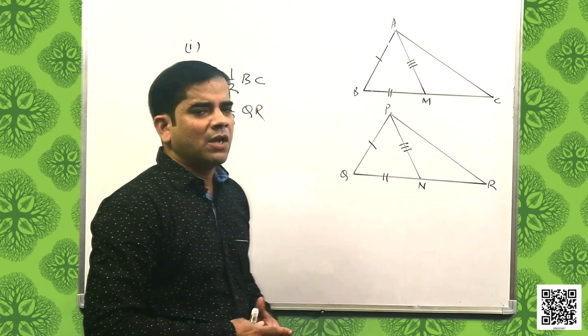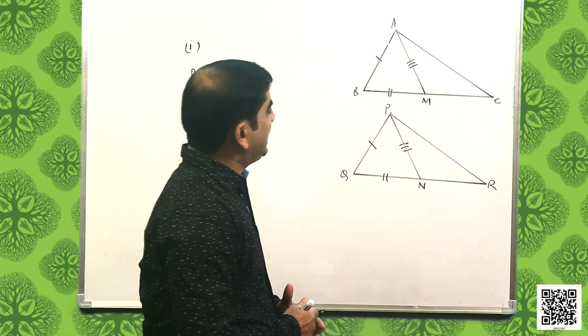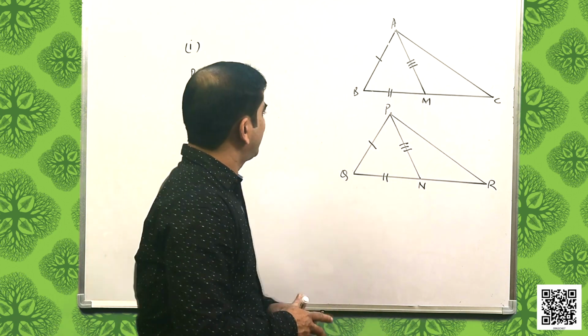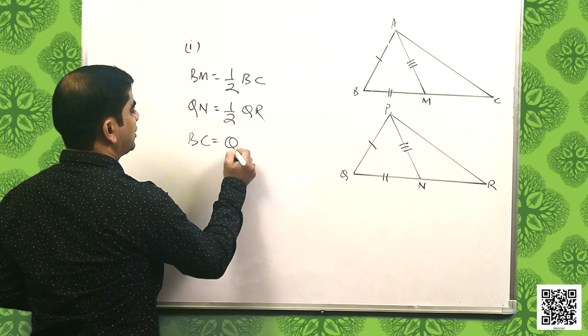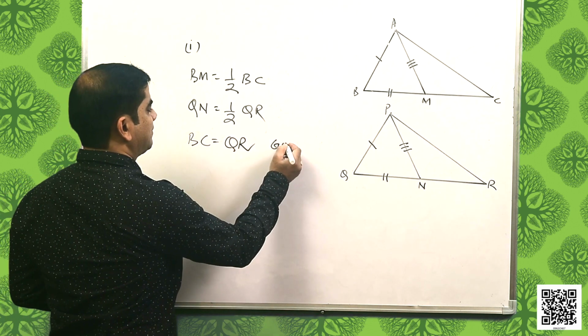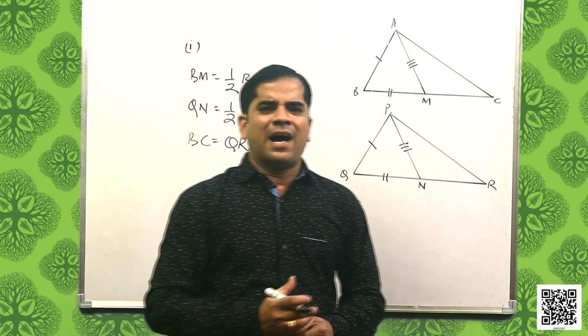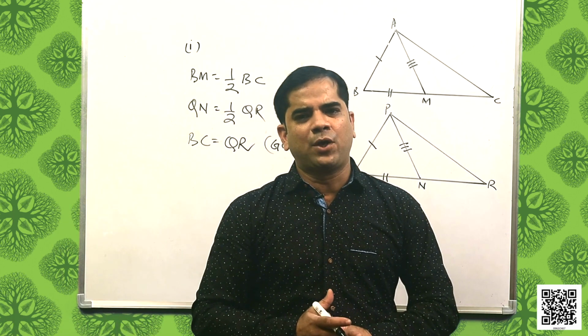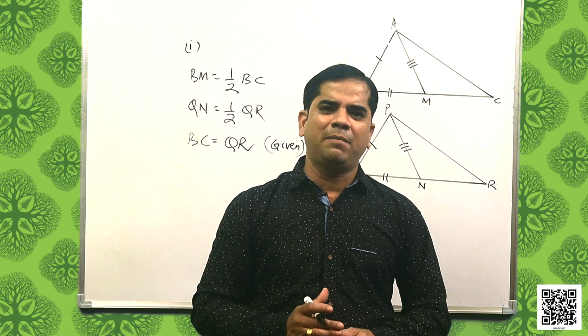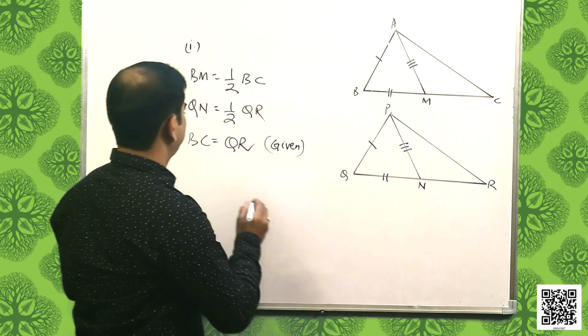Fine. Now what else? We have BC is equal to QR, it is given. And half BC is equal to half QR, that means BM is equal to QN.